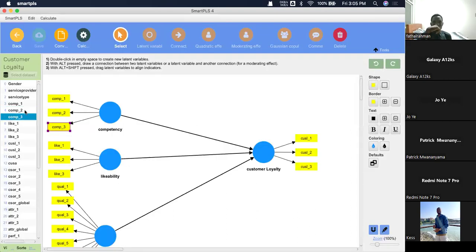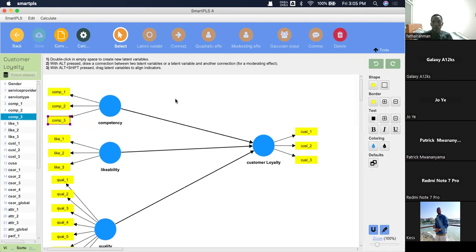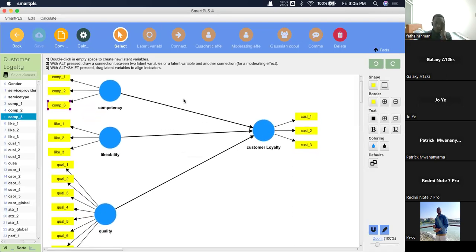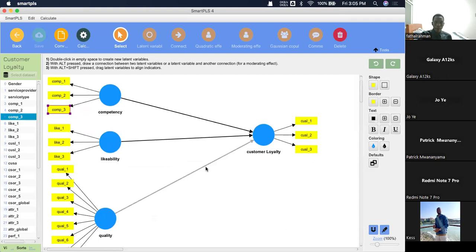Okay, I think we all have this diagram, right? Yes. Okay, thank you. So now that we have this diagram, let me highlight a few things before we take today's class. We have the structural model and the measurement model together. The next thing is, how do we analyze this model?